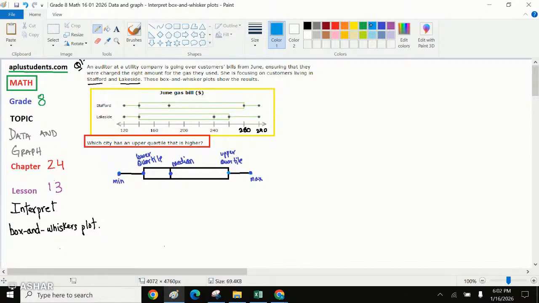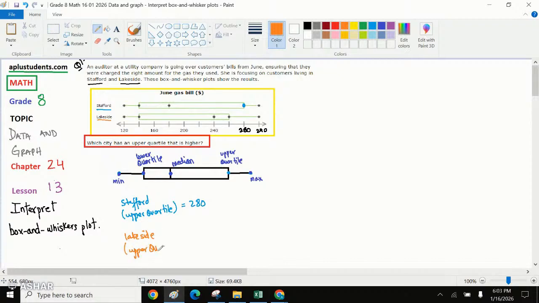So we have Stafford. Stafford had an upper quartile at 280. Similarly, when we look at Lakeside, you don't have to write this, I'm just writing it to explain.